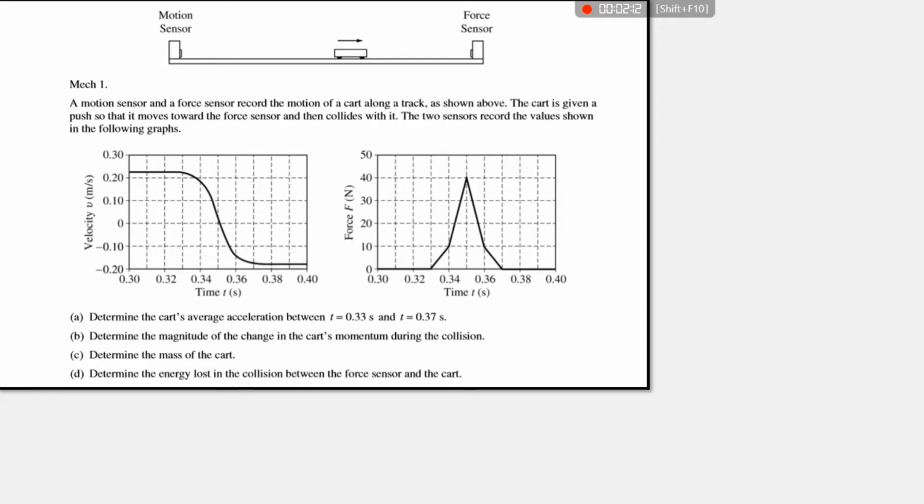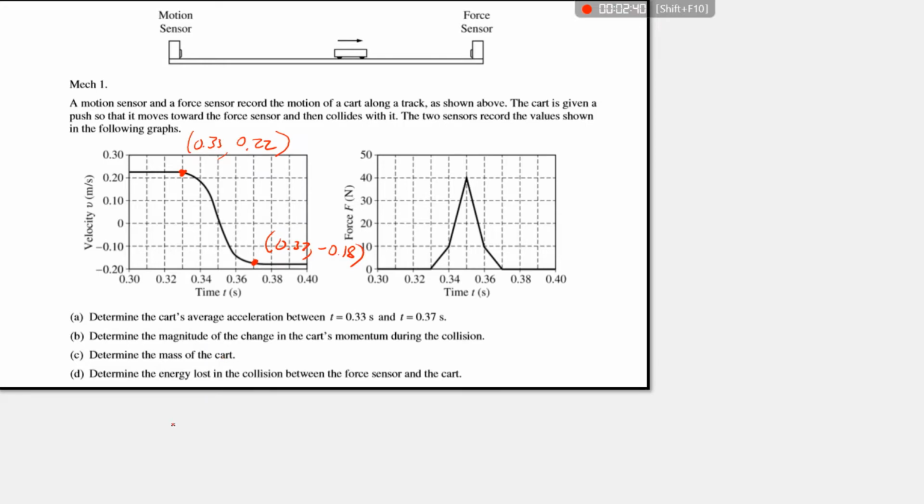Okay, so 0.33 is about here, and we'll say 0.33 and 0.22, and then 0.37 here, 0.37 and negative 0.18, we'll say. Okay, so what do I have to do?